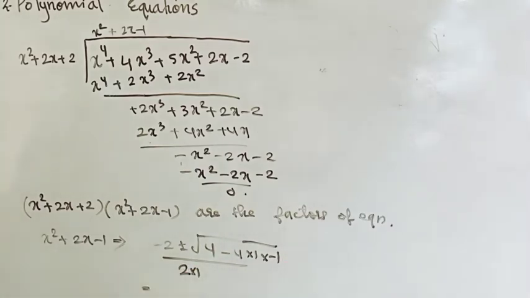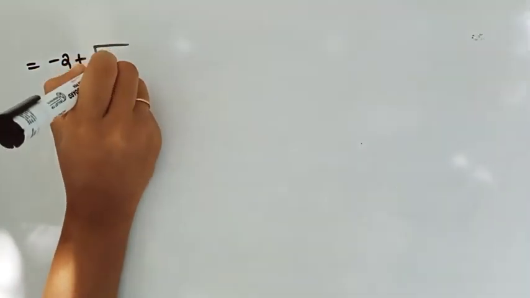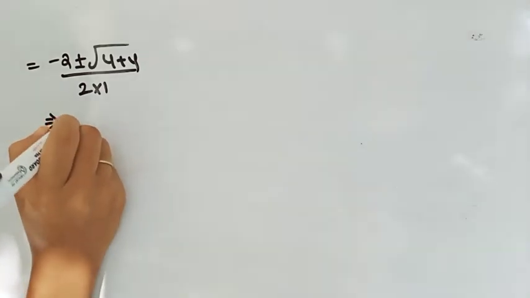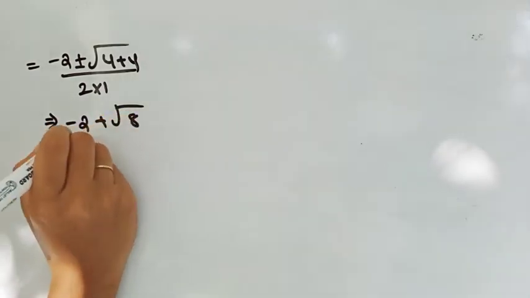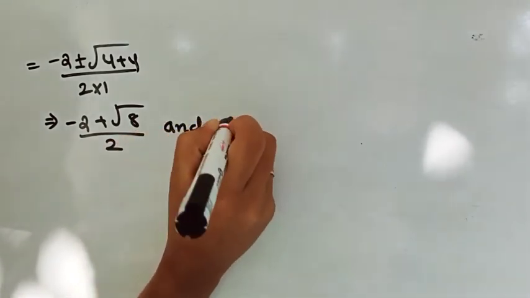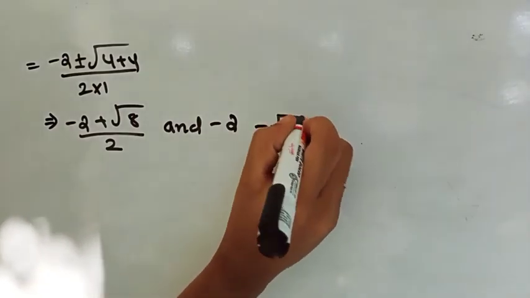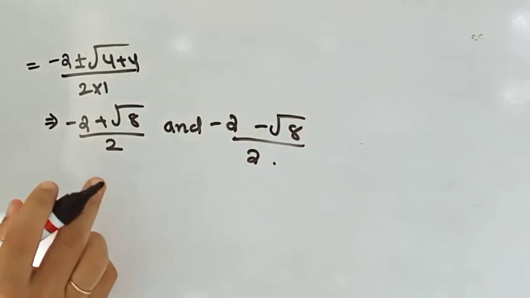This is equal to minus 2 plus or minus root of 4 plus 4, divided by 2, which is equal to minus 2 plus root 8 divided by 2 and minus 2 minus root 8 divided by 2.